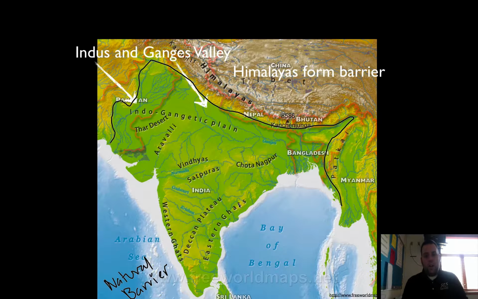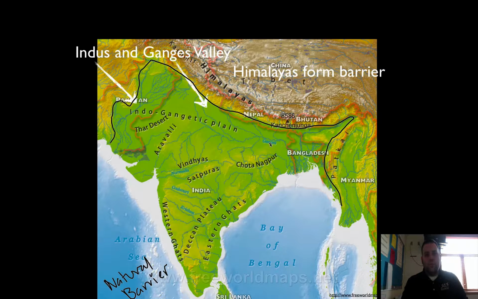Another thing we need to look at is, if they're rivers, where's the water coming from? A lot of these tributaries run from the Himalayan mountains, so we have a lot of snow cap melting going on that floods the river valleys. Other ways that we get rain in India are because of monsoons.